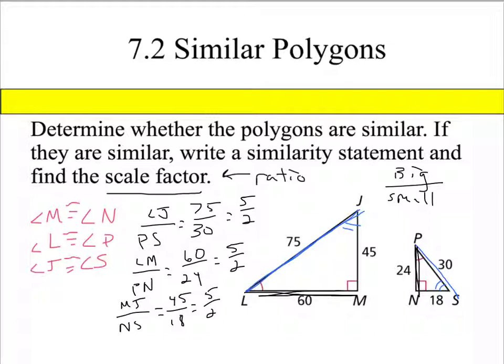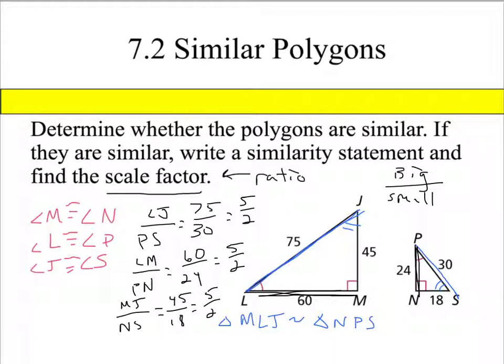So if you look at this, in our similarity statement, we are going to make a statement like this: triangle MLJ is going to be similar to triangle NPS. Okay, MLJ is similar to NPS.